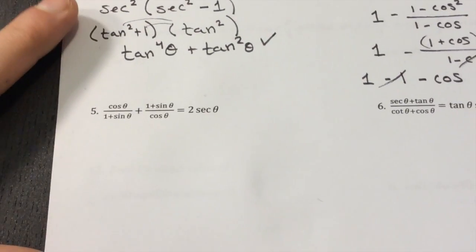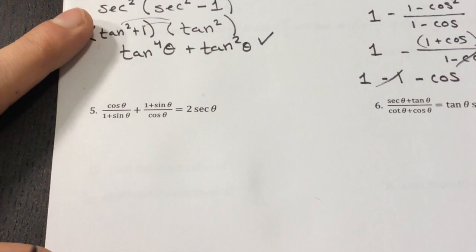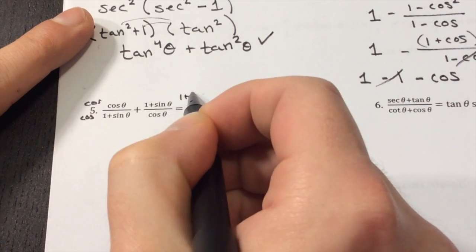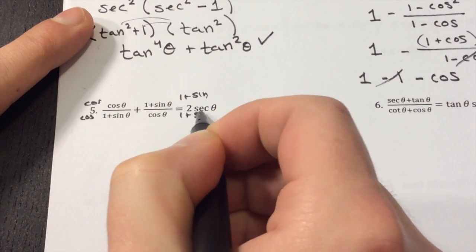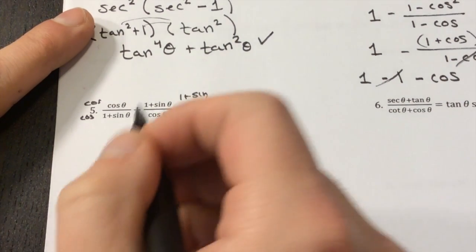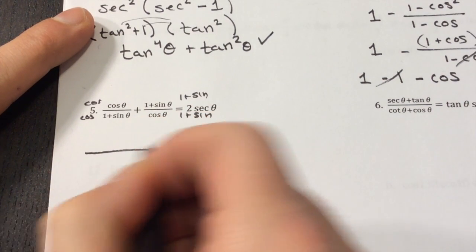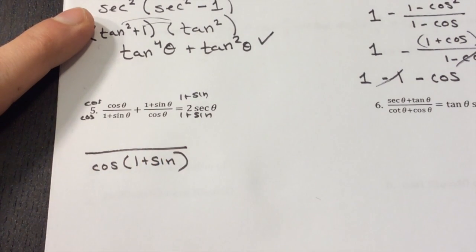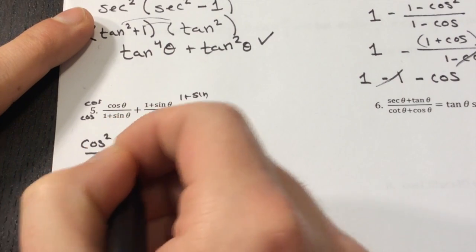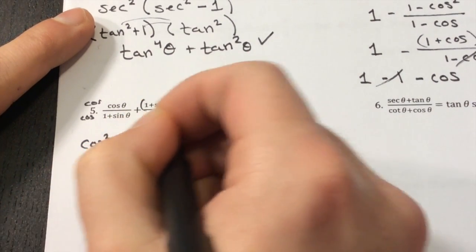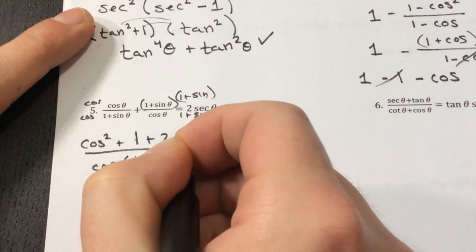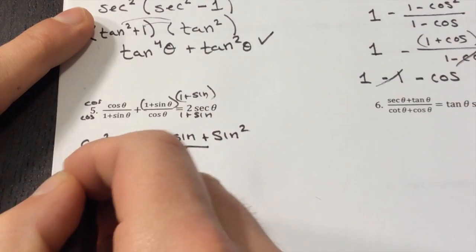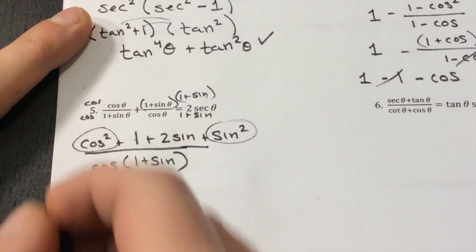Moving on to number 5. What we need is a common denominator, so I'm going to multiply this one by cosine. I'm going to multiply this one by 1 plus sine to the top and bottom. Now I'm going to leave the denominator unfoiled, so that's cosine 1 plus sine theta. So on top I have cosine squared plus, foil this out, I get 1 plus 2 sine theta plus sine squared. Now I see that I have cosine squared and sine squared, which is 1.